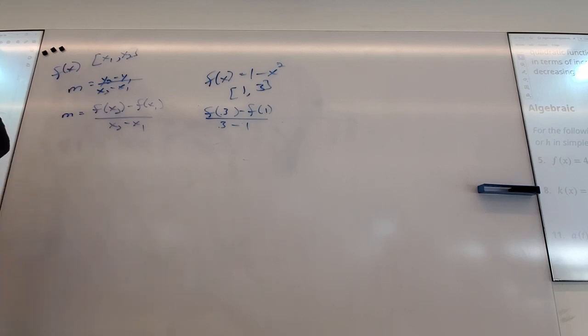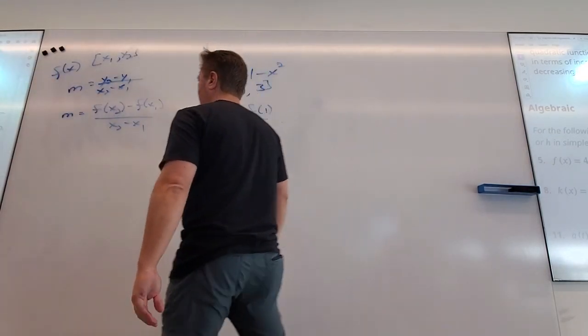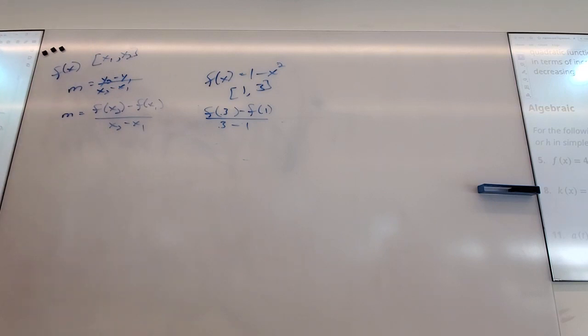So real quick, if I start here, and I go over here, and then I end up right where I started, my average rate of change is 0, because I ended up where I started. Don't you have to plug those numbers into x?